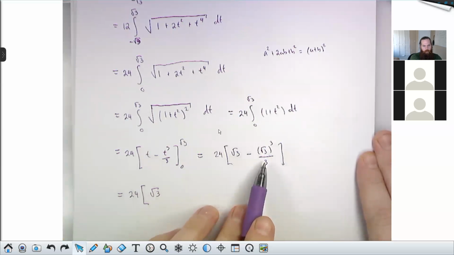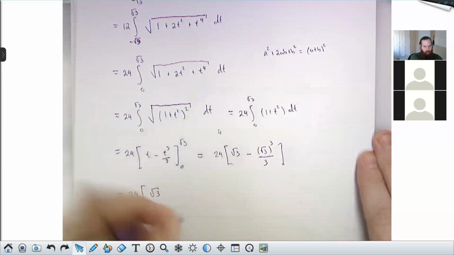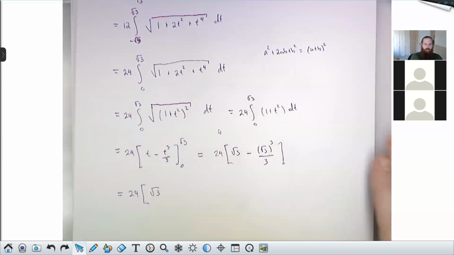Root 3 cubed over 3 is just root 3. Oh, wait, let me see something here. I'm actually suspicious of this now. Root 3. Is this 0? I'm nervous now. This shouldn't be 0, right? But it looks like it might be.